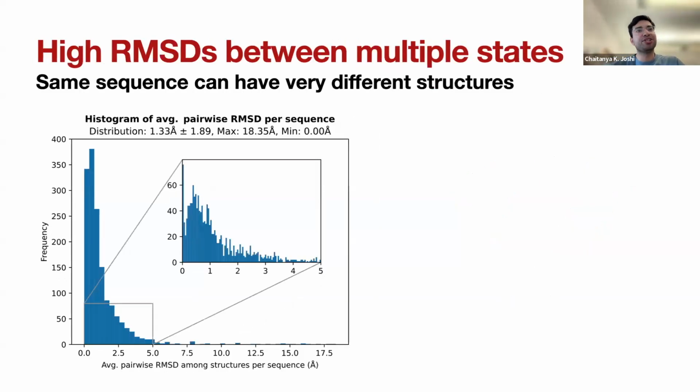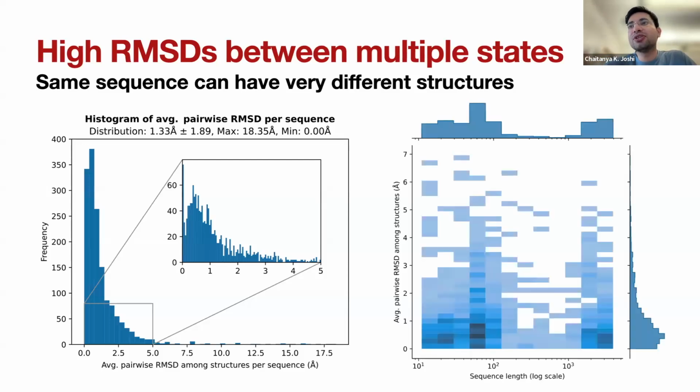So another feature of the data that we were collecting was just being careful or having a look at those RNAs where you have multiple structures, trying to measure how diverse the structures are. And we do see that some sequences can have a pretty diverse set of structures available for them.